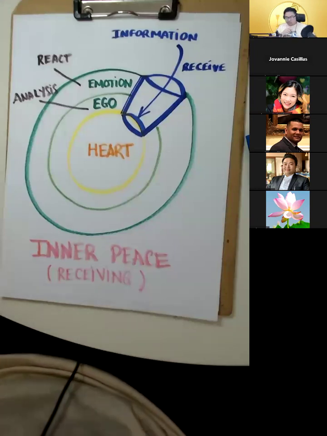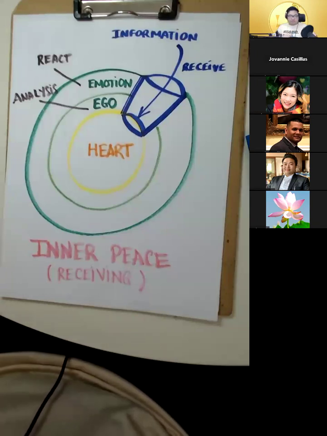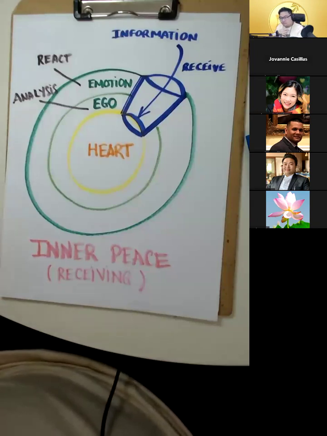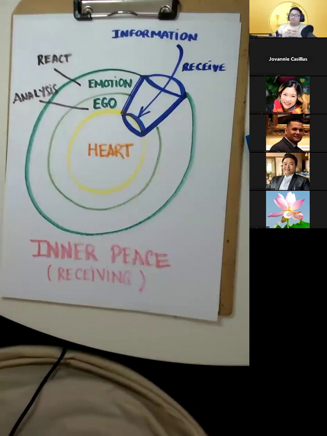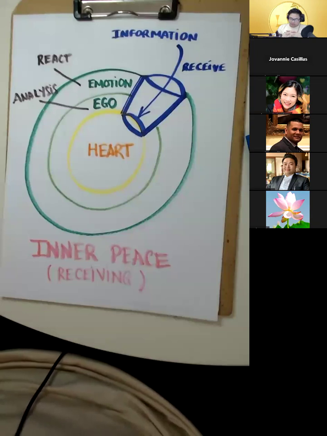If we're talking about the heart, then inner peace is that pause in between our heartbeats, that's where we can find our truth. So I think that if we're reacting or if we're analyzing, we're moving into opposite ends of that heartbeat.